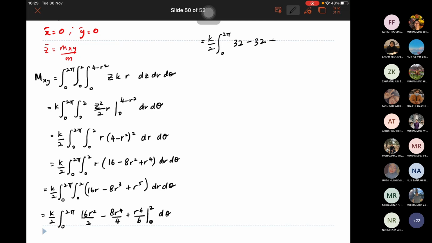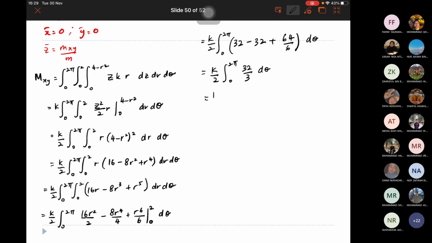Okay. Ditambah dengan 2 kuasa 6, 64 per 6. Okay. d theta. K per 2, 0 sampai 2 pi, 32 per 3, d theta.